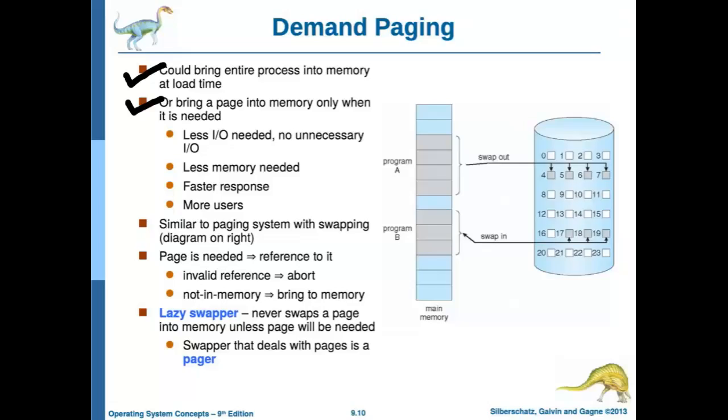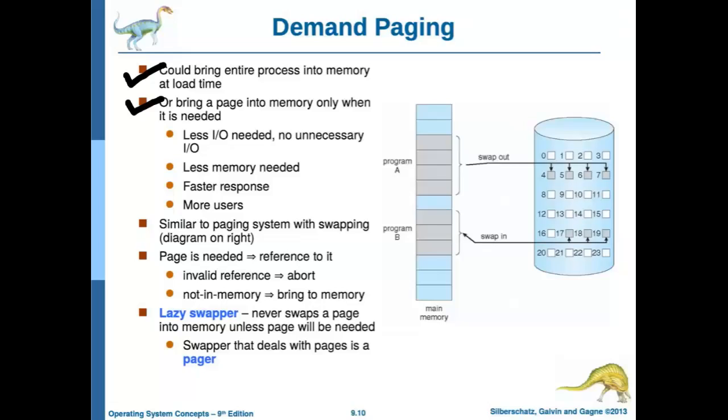The swapper that deals with pages is called a pager. Just different names are there. Swapper is more generic, so swap in and swap out, whether you are doing it with each and every segment or with each and every page, because we studied both memory management strategies.